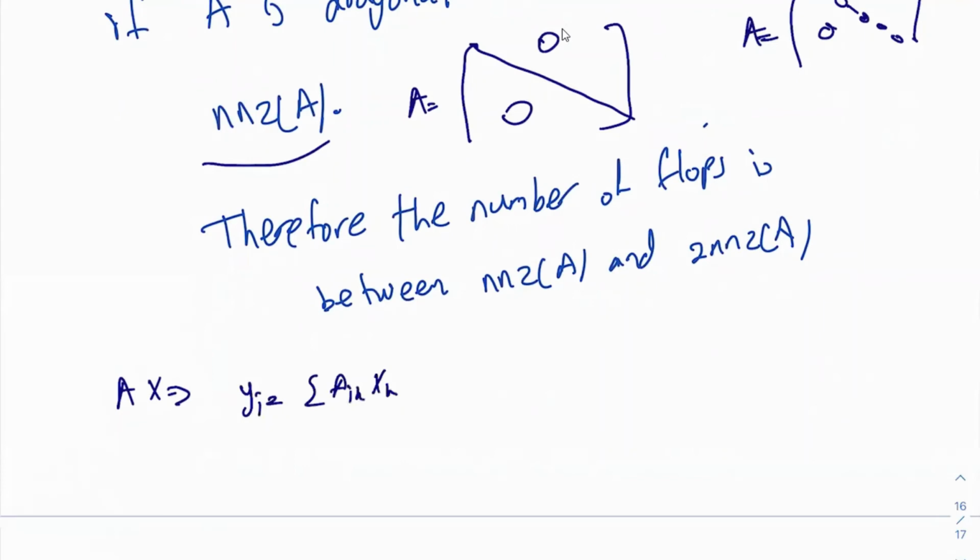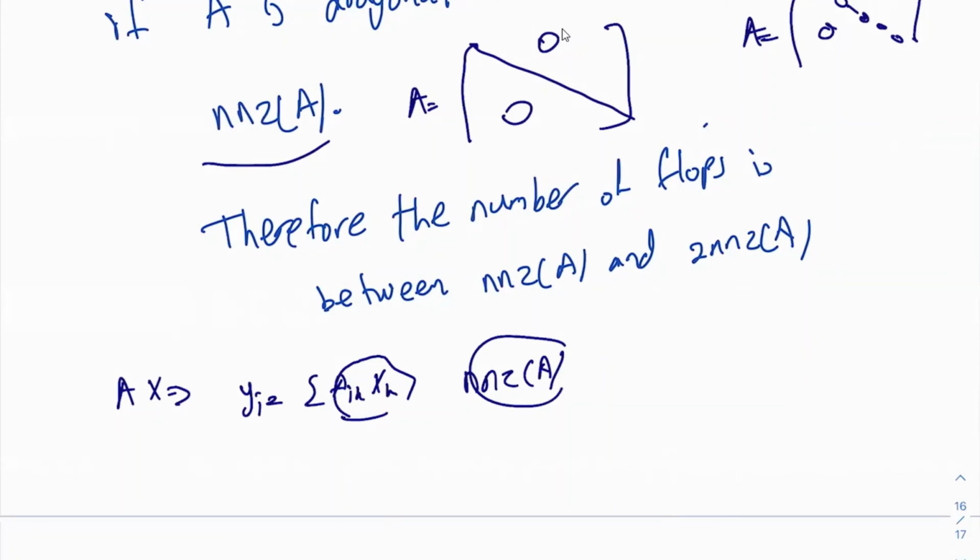But wait, in each row we have only one non-zero, right? In each row we have exactly one. So how many ones do we have? As many as the number of non-zero elements of A, right?